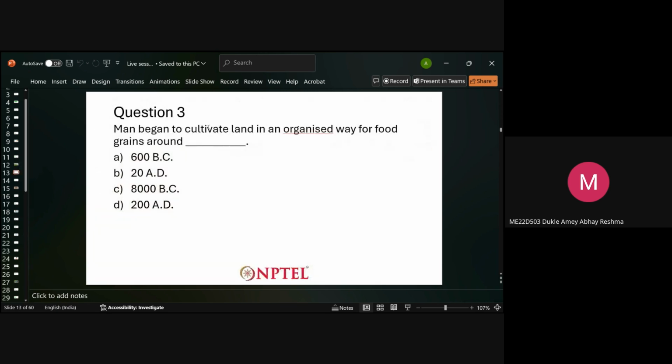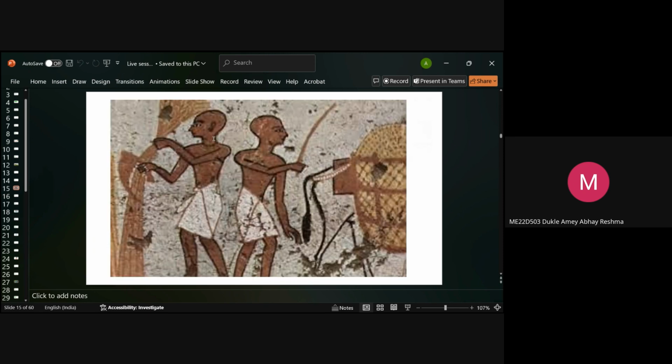The next question was, man began to cultivate land in an organized way for food grains around 600 BC, 20 AD, 8000 BC, or 200 AD. The answer is 8000 BC. How it was found is basically from a cave painting. Using carbon dating, it was determined that this painting dated back to 8000 BC.